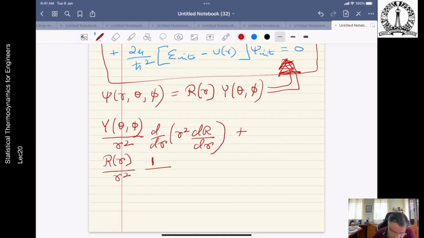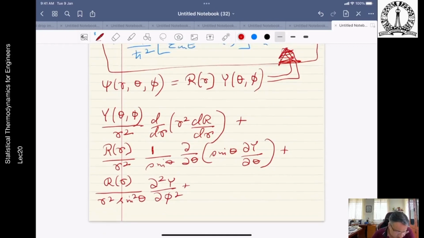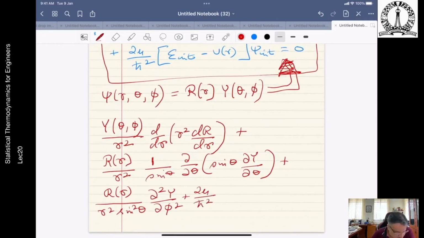R over r squared sine theta d by d theta sine theta d by d theta, okay, plus R over r squared sine squared theta d squared by d phi squared Y, plus 2 mu over h bar squared, E internal minus V(r), R Y is equal to 0.